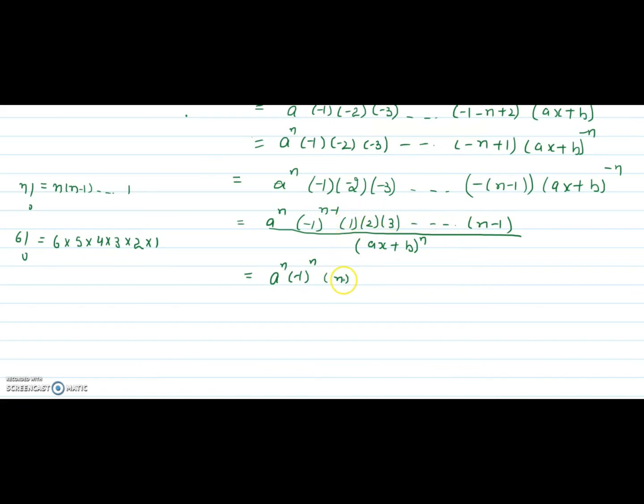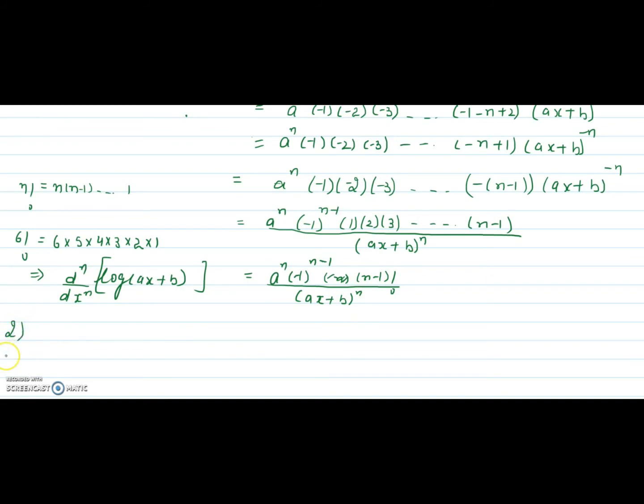So I can write it as n minus 1 factorial. So I write it like this, n minus 1 factorial upon ax plus b raised to power n, which means nth order derivative of log ax plus b will be equal to a raised to power n, minus 1 raised to power n minus 1, n minus 1 factorial upon ax plus b raised to power n.